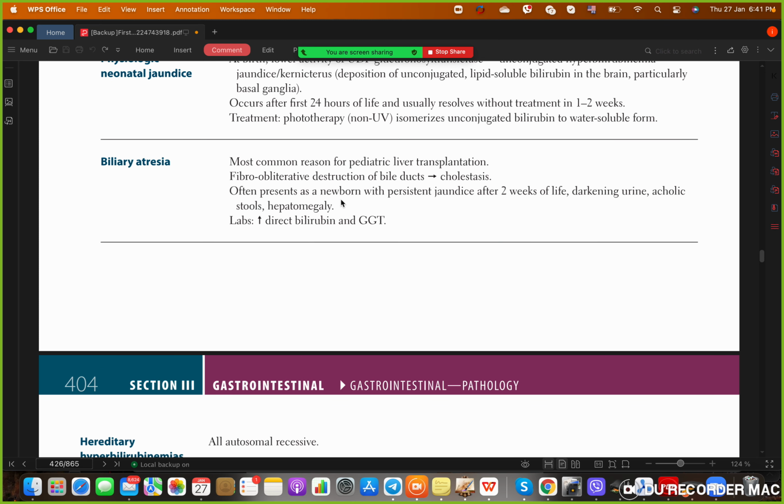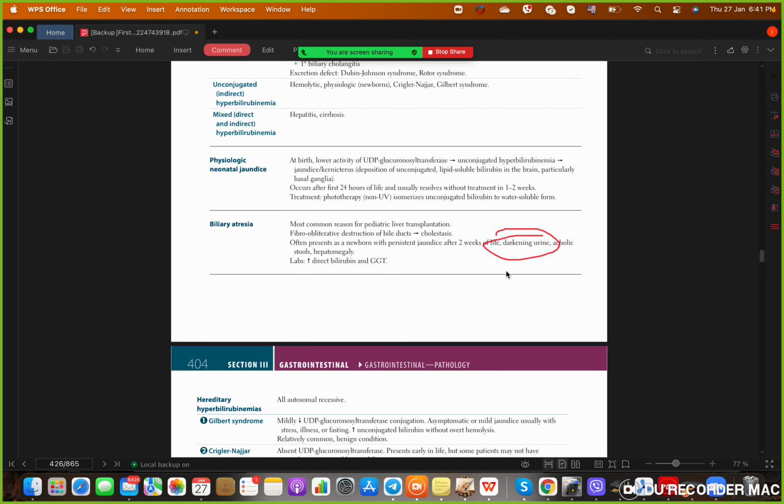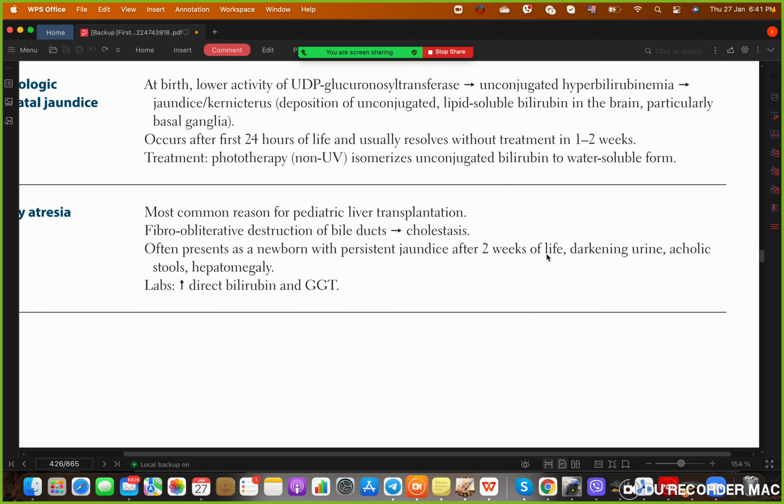So often it presents as a newborn with persistent jaundice after 2 weeks of life. Darkening of the stool can occur. Darkening of the urine. Why? Because we said it's a hydrophilic, fat-insoluble type of hyperbilirubinemia, so it will go to the urine, making the urine dark.